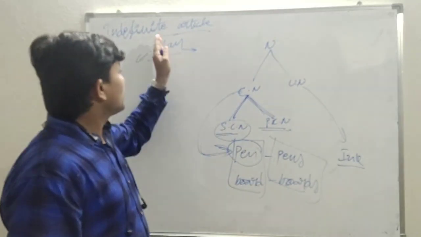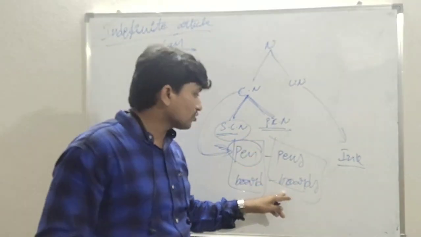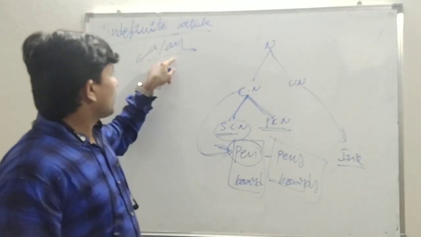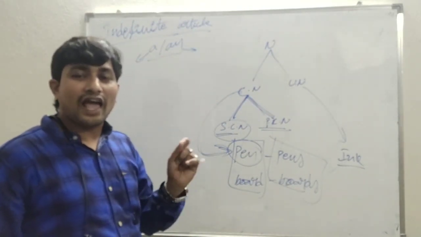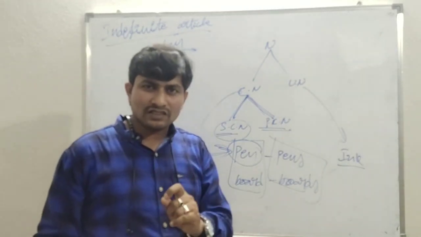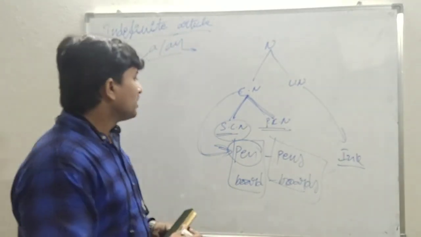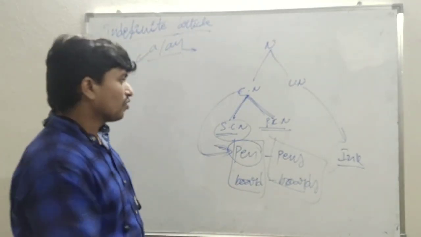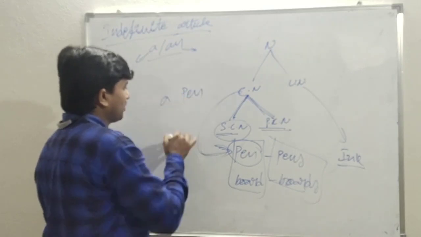The indefinite article cannot be used in front of plural countable nouns, because plural means more. The indefinite article, either a or an, means one. So that's why the indefinite article is used in front of a singular countable noun. For example, pen: a pen.